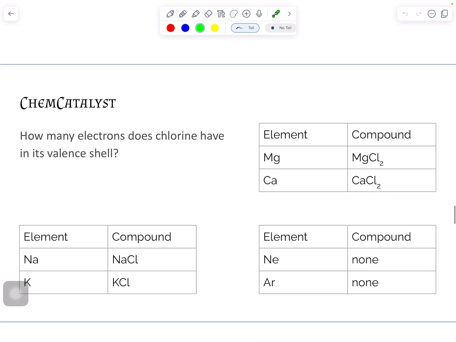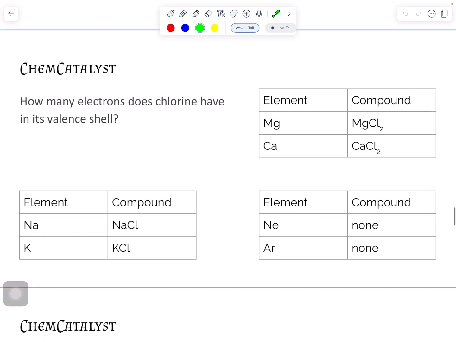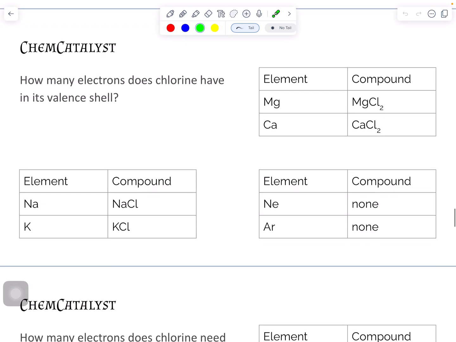So here is the chem catalyst for today's lesson. How many electrons does chlorine have in its valence shell? I know that there are tables here. This is a question that you can answer just by looking at the periodic table, not from these tables that are here. So just look at the periodic table and tell me, how many electrons does it have in its valence shell?